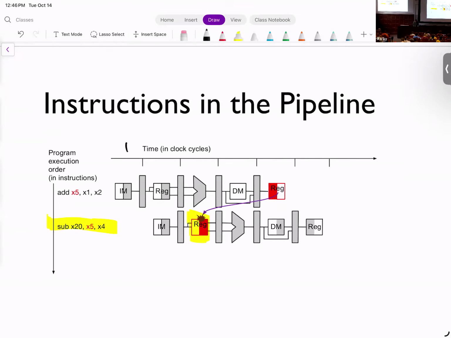If this is cycle 1, cycle 2, cycle 3, cycle 4, and cycle 5, I need the updated value of x5 in cycle 3, but the updated value of x5 is produced in cycle 5. And one thing that everybody knows is that you can never go back in time, right? So you cannot use things that haven't been produced, okay?